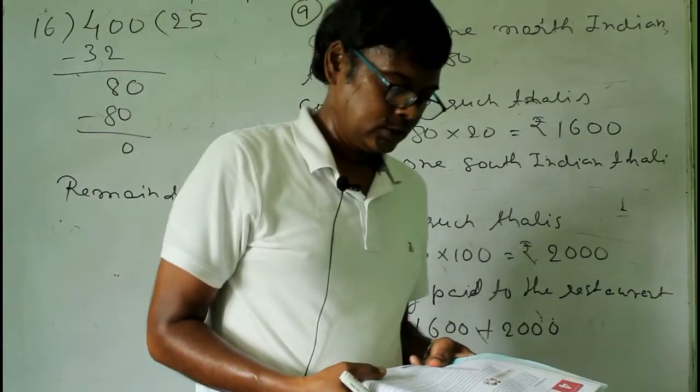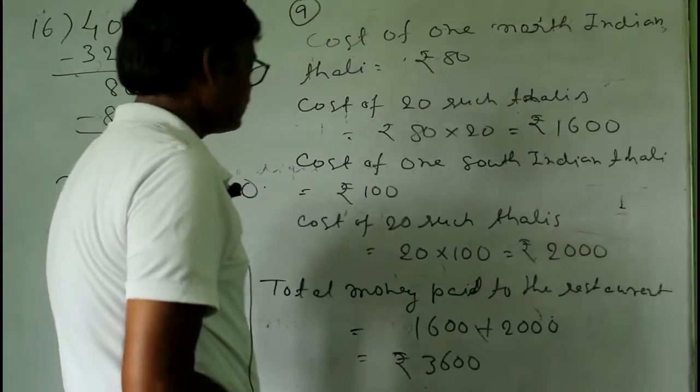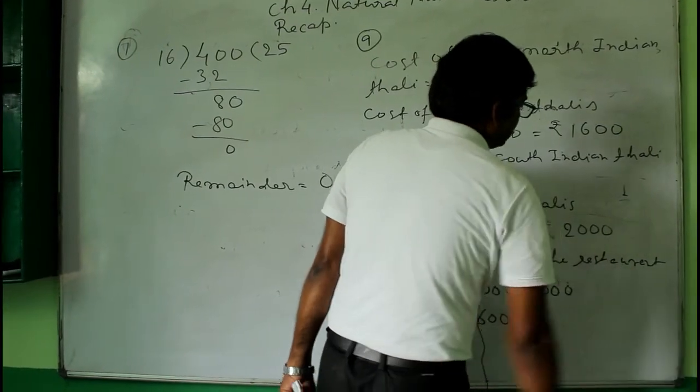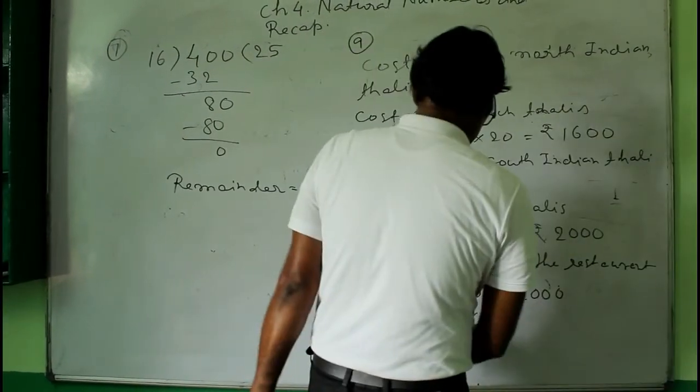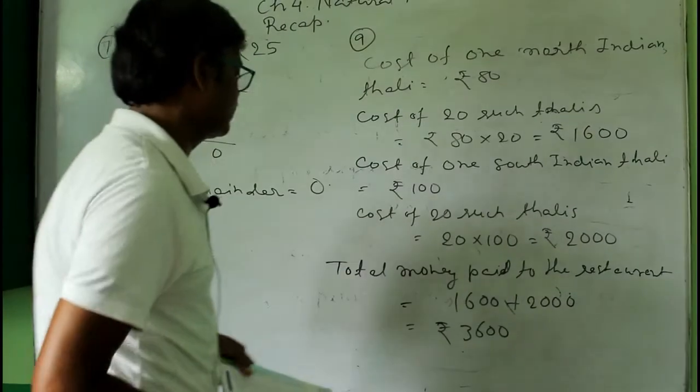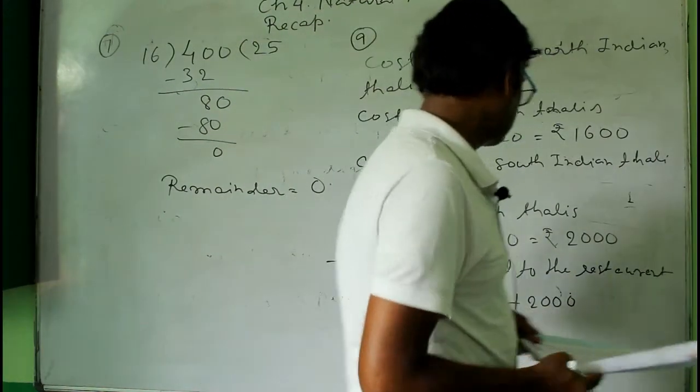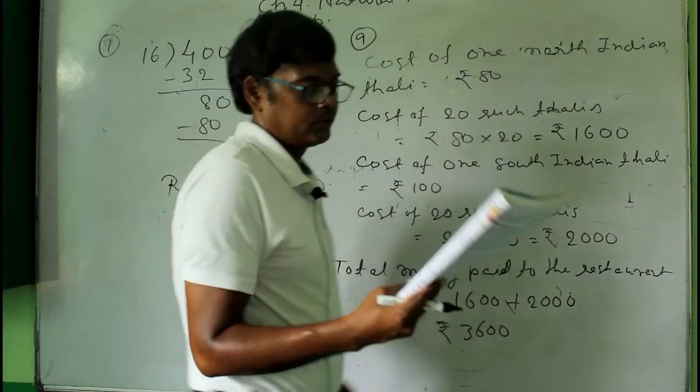Okay, this is the answer of this question. Total money paid to the restaurant, okay, restaurant. So this is the answer of this question. This much money will be paid to the restaurant, that is 3600 rupees. Okay.